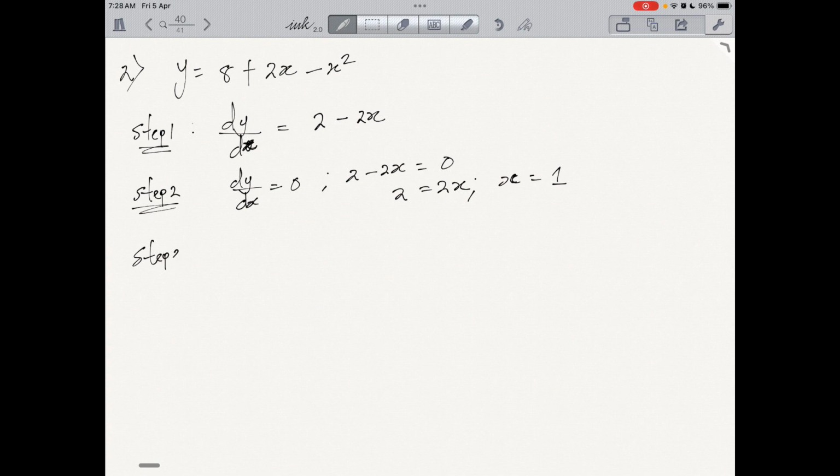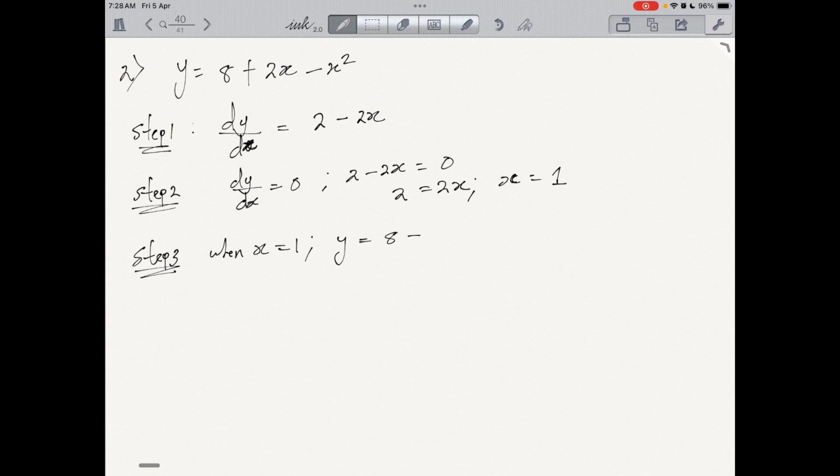In step 3, we are required to evaluate the value of y at x equal to 1. Therefore, when x is equal to 1, we substitute the value of 1 into y.